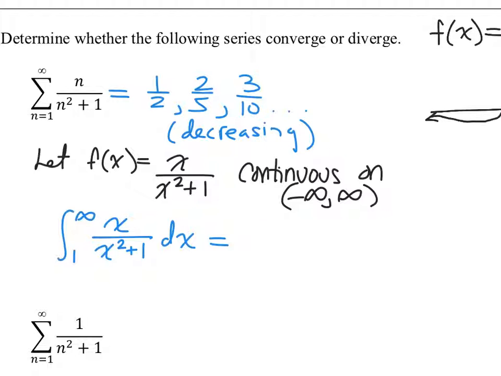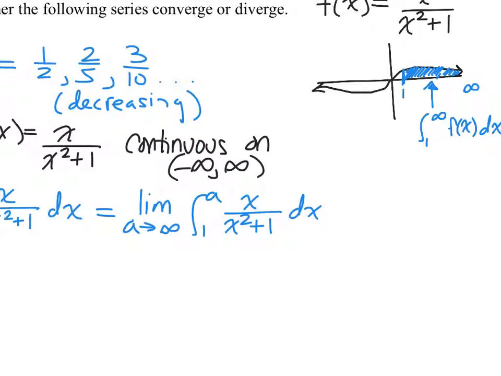We do have to clean it up a little bit and write it as the limit as a approaches infinity, going from 1 to a, of x over x squared plus 1 dx. Which is going to be the limit as a approaches infinity.